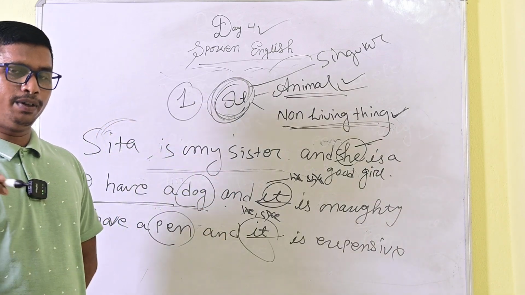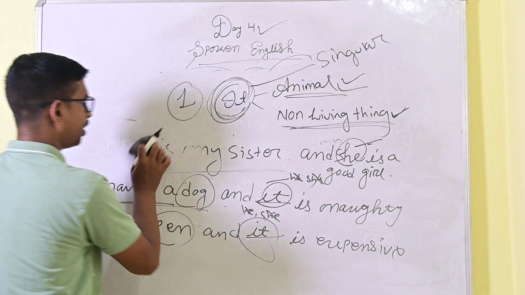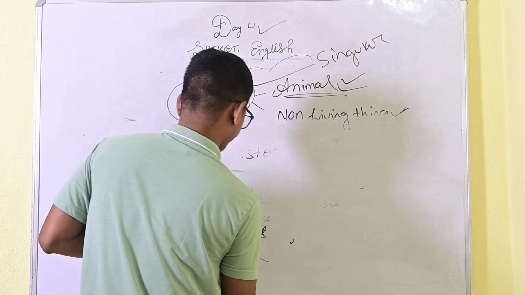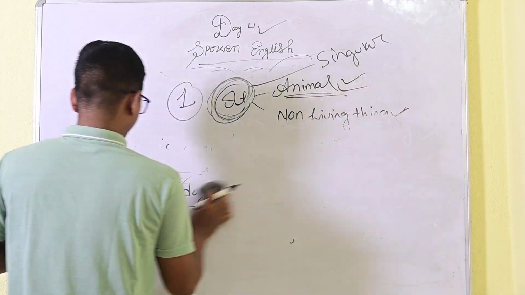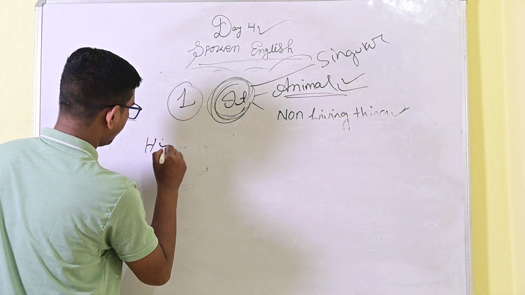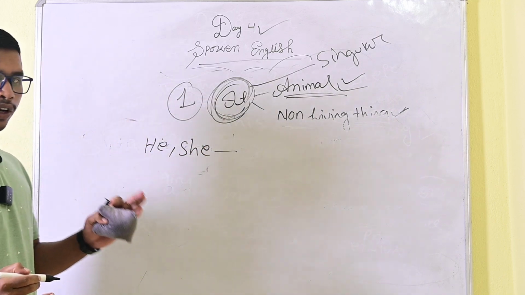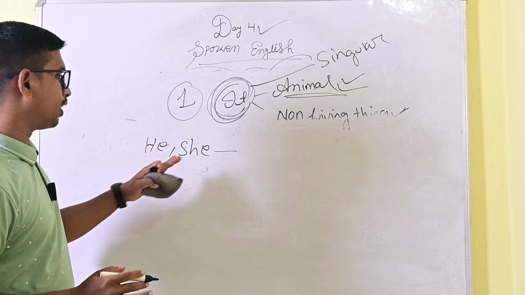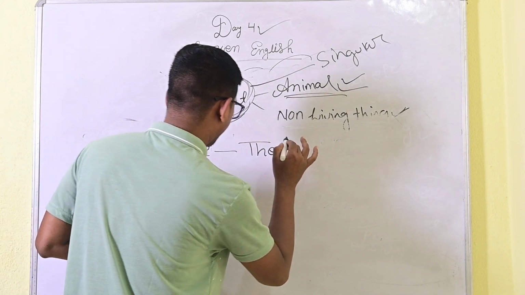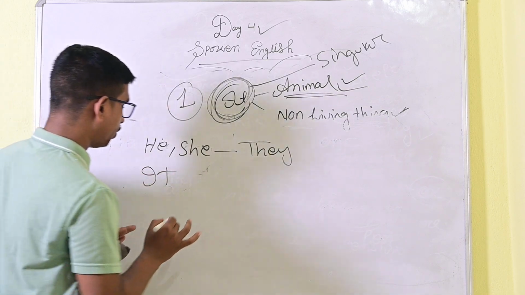But you will have one more doubt also. I want to explain that to you here. One example I'll take. He and she, these two words are singular. When these words become plural we use they. Like this, it is also singular.